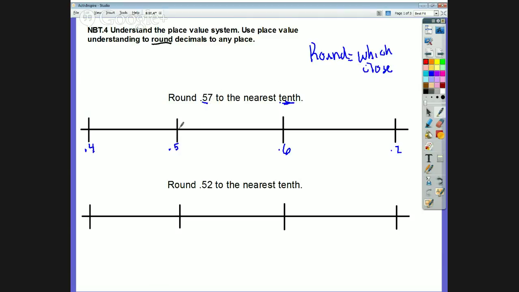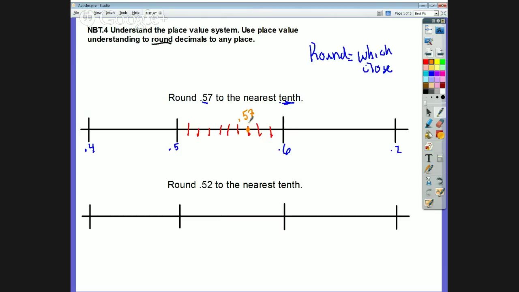It's going to be between 5 and 6 tenths, so I'm going to divide this tenth into hundredths. I have this tenth divided into 10 pieces, so each of these is a hundredth, and 57 would be 51 hundredths, 52, 53, 54, 55, 56, 57. So this is 57 hundredths right here.